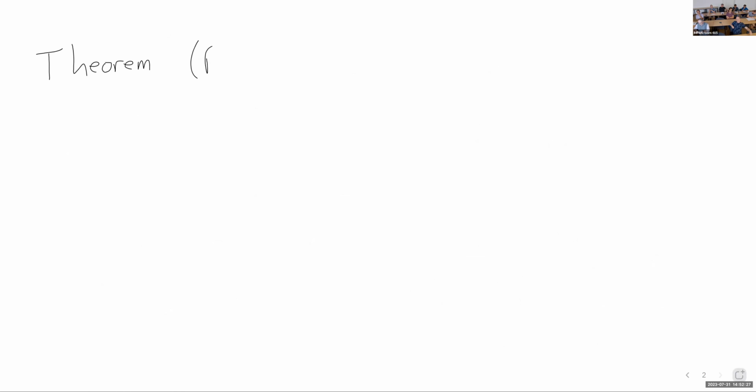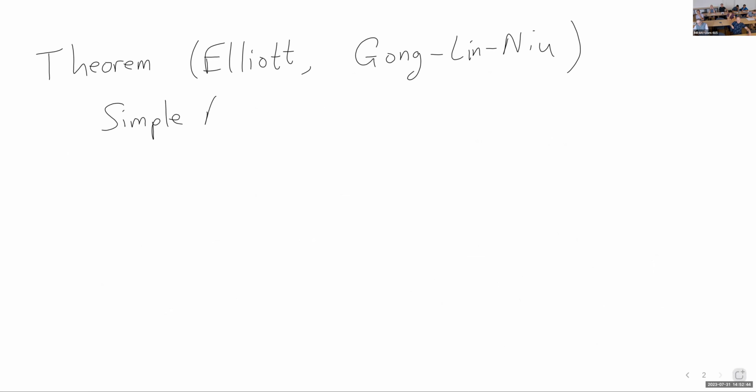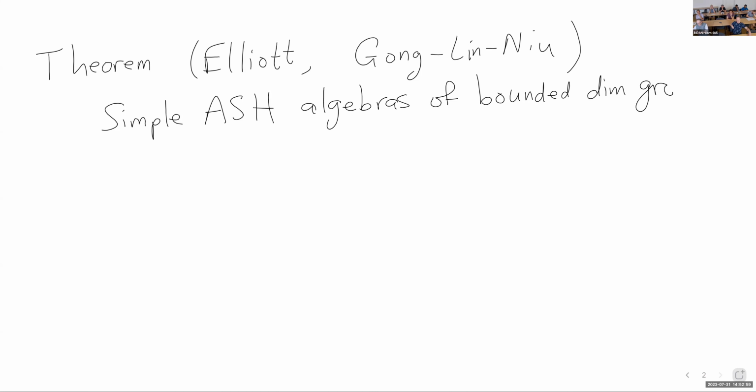It is due to George, I think, back in the early 90s, maybe in a slightly different form, in a paper by Conlon and New. It says that simple ASH algebras of bounded dimension growth, in fact I think dimension at most 3 is what they get away with, exhaust all possible invariants.